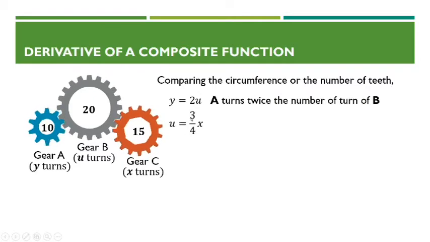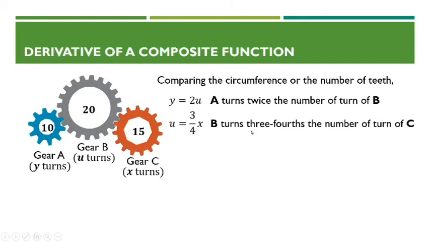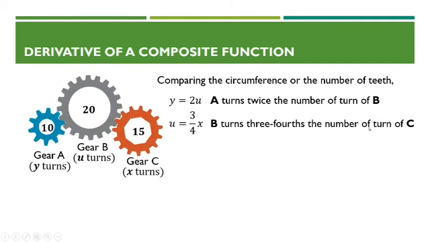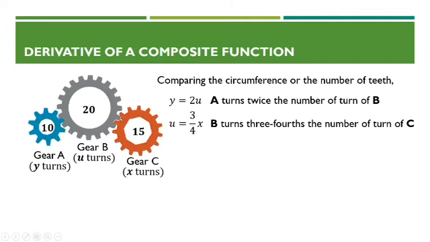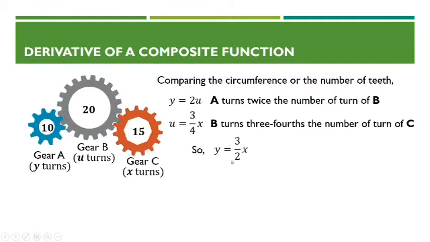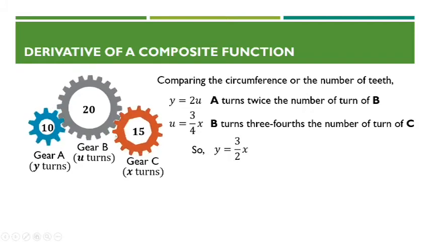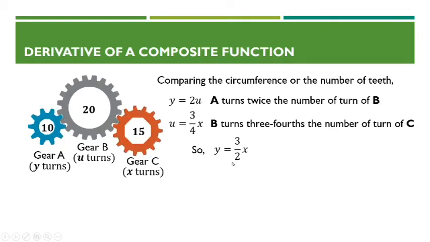And U is equal to 3/4 of X, meaning yung B naman ay 3/4 lang yung ikot kapag umikot yung C ng buo, because of this ratio, yung 15 over 20 is 3/4. So yung y in terms of x is 3/2, so we have 15 over 10, yung ratio for C compared to A. So y is equal to 3/2 x.